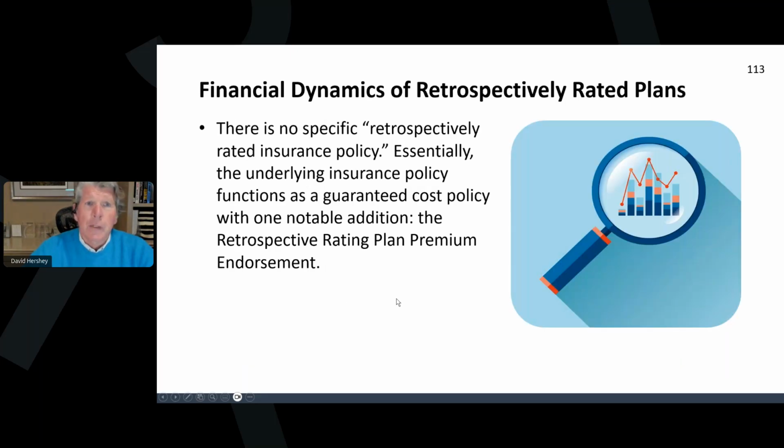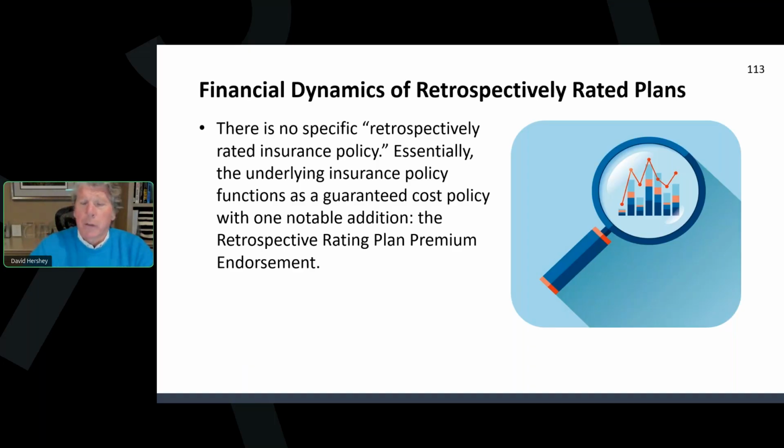Okay, so financial dynamics of retro plans. There is no specific retrospectively rated insurance policy. Okay? And yeah, that's exactly it. The insurance policy terms and conditions, the coverage terms and conditions, are the same.